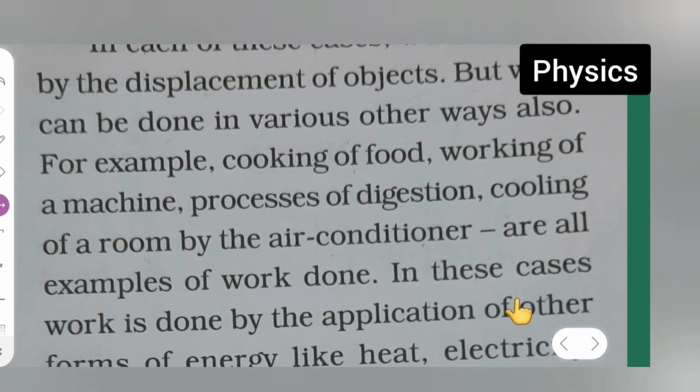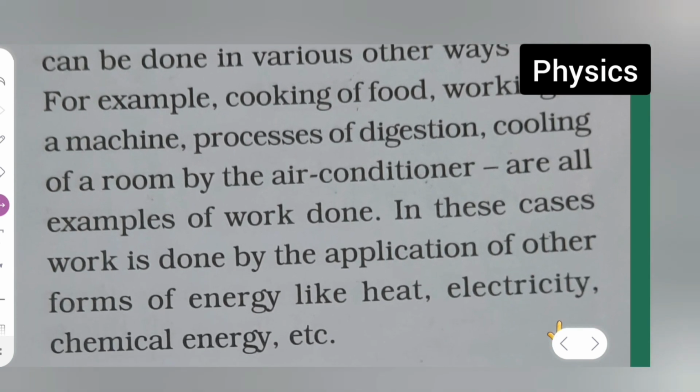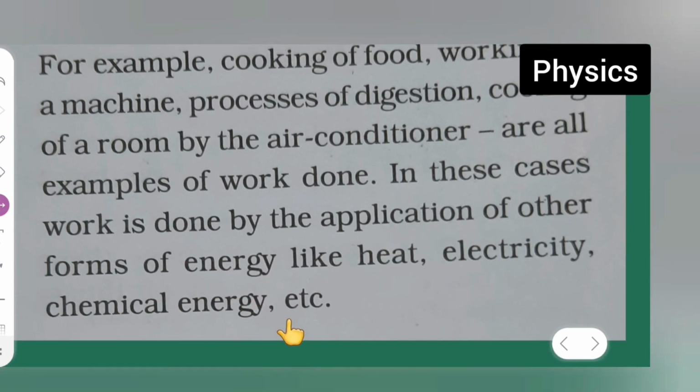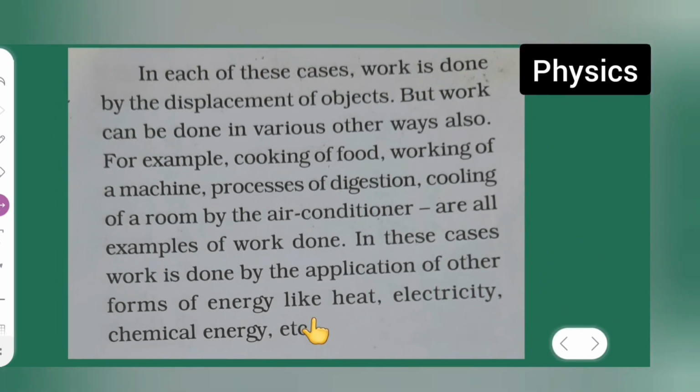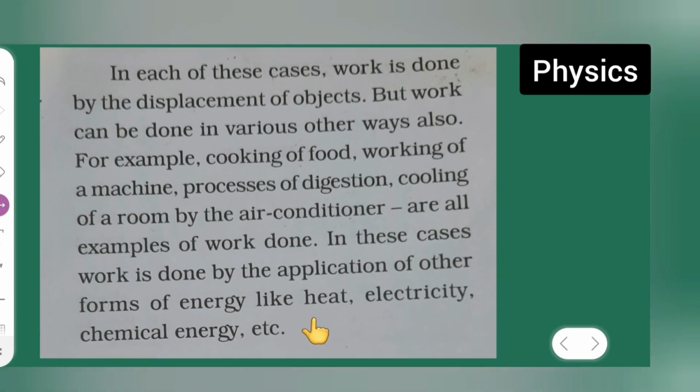Okay, so in these cases, work is done by application of other forms of energy like heat, electricity, chemical energy, etc. So you all can take down this. Very important it is for you all to know.